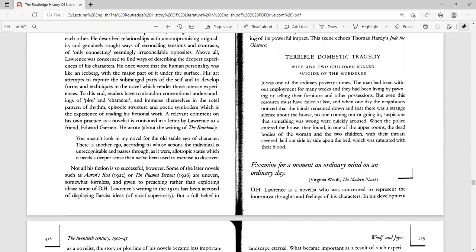D.H. Lawrence is introduced as the novelist of vision, meaning he has a mystic vision of the world, and he shares that idea of vision with French realist novelist Honoré de Balzac and Russian novelist Tolstoy.